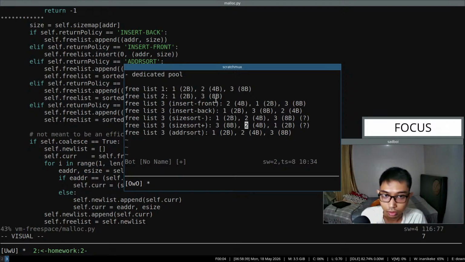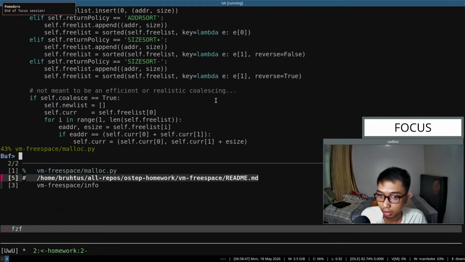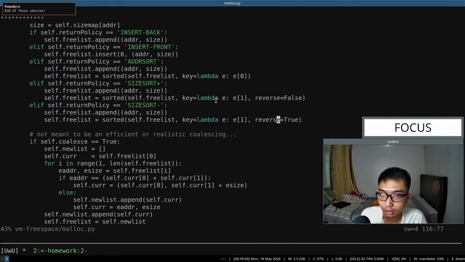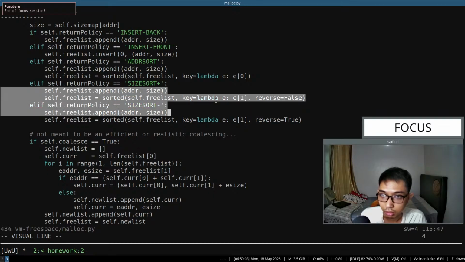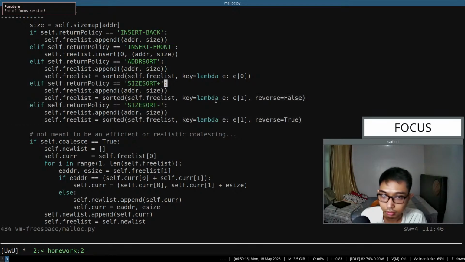Okay, so maybe something like this. Not that one, but this one. Okay, this is the ascending and this is the descending, maybe something like that. At least that is what I understand from this code, I guess.